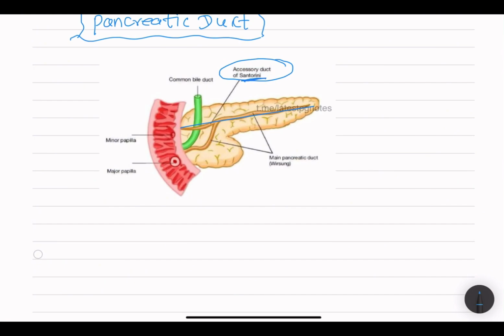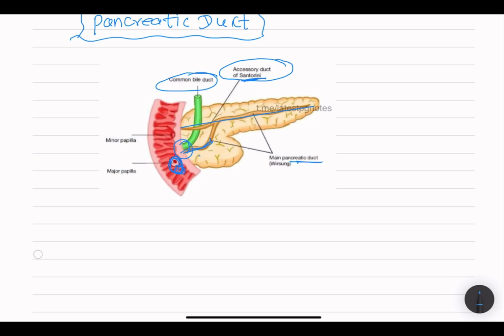Remember this one, Santorini duct. And the second duct is coming through the uncinate process of pancreas. This is the main pancreatic duct, where the common bile duct and this main pancreatic duct unite, and it opens into the duodenum.